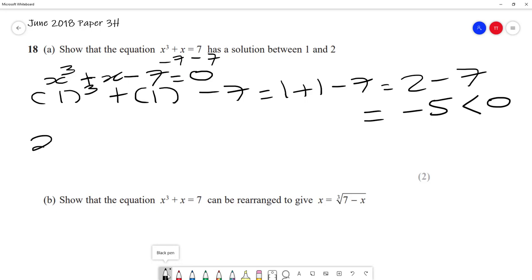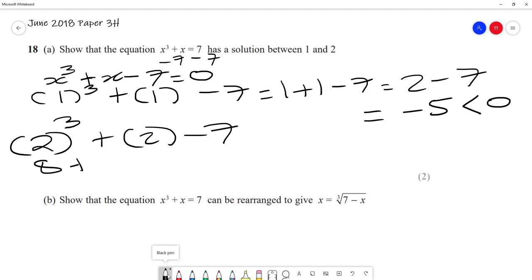Now we substitute 2 in, so we get 2 cubed plus 2, and then we minus 7. That's going to give me 8 plus 2 minus 7, which is 10 minus 7, which is 3, which is a positive number, so we say it's greater than 0.